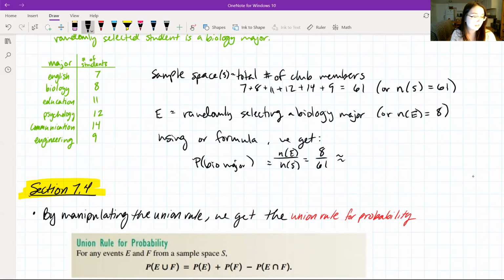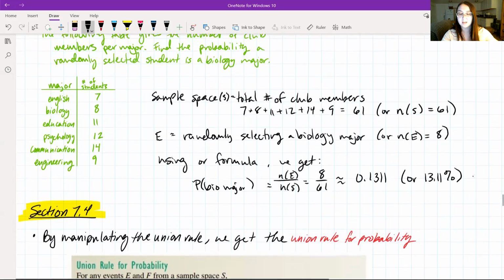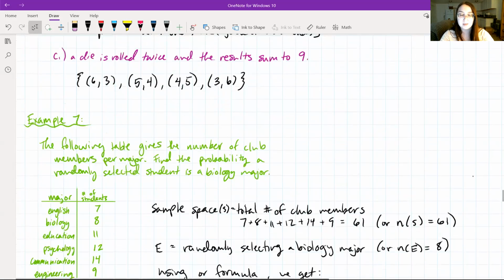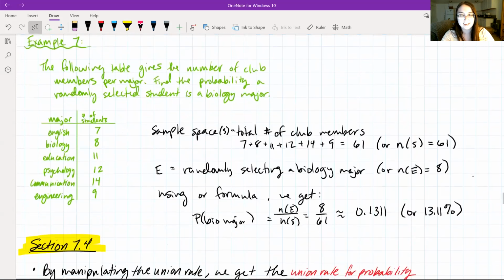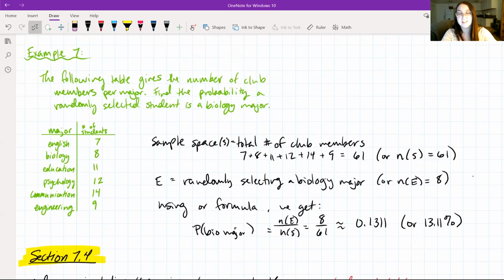We can put this in decimal form if we want. In that case, we would get 0.1311. This is also like saying 13.11%. Okay, so that is how we would use our basic probability principle in trying to see if we can randomly select a biology major out of all of our club members.